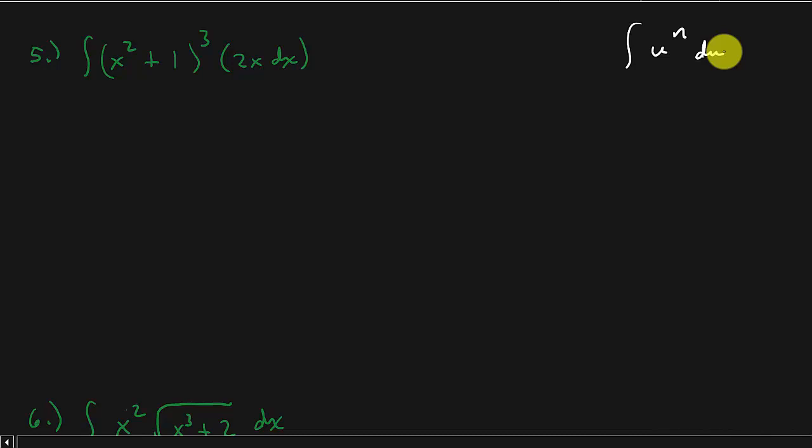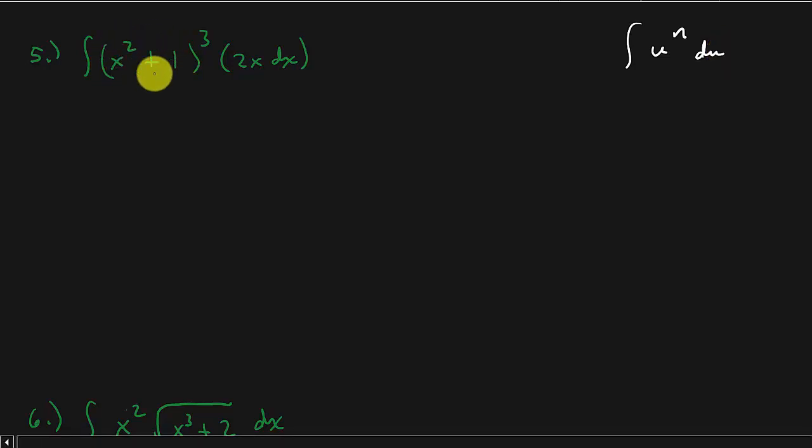So what we do here is we're going to do u-substitution. This is very important that you learn to do this u-substitution. Okay? You're going to use it a lot with integrals. All right. So typically what we do is we look inside the parentheses.